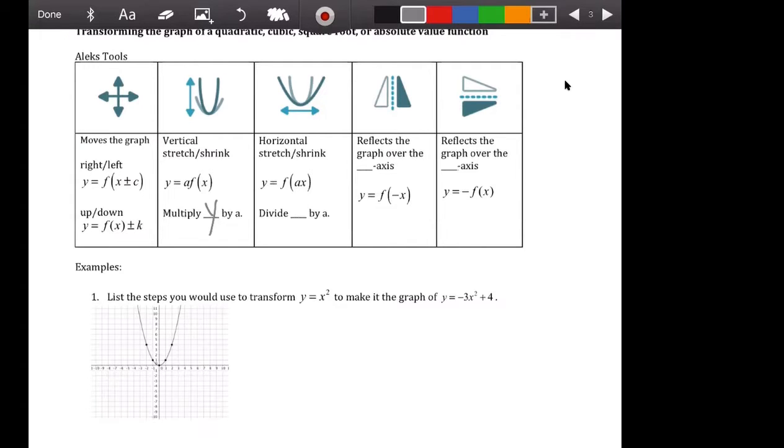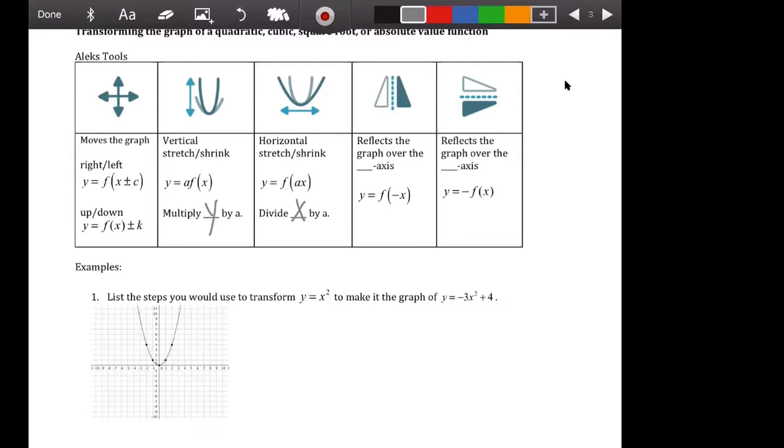Horizontal: if the a is inside the parentheses or the grouping symbol, whether it's a square root or absolute value, whatever the grouping symbol is, it acts on the x. Just remember that it is going to be dividing the x coordinate by that a.